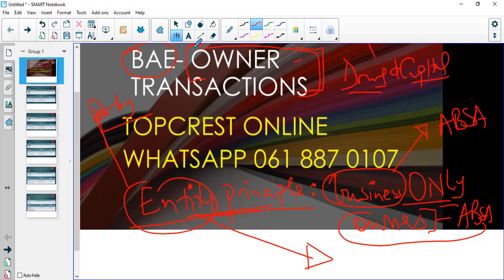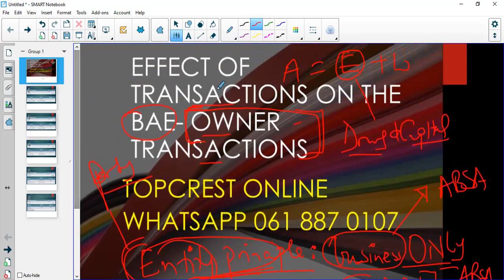But the owner can have dealings with the business, and when the owner is dealing with the business, we're going to record that because the business is involved. So that's our entity principle, and we're going to focus on how those owner transactions affect the basic accounting equation.